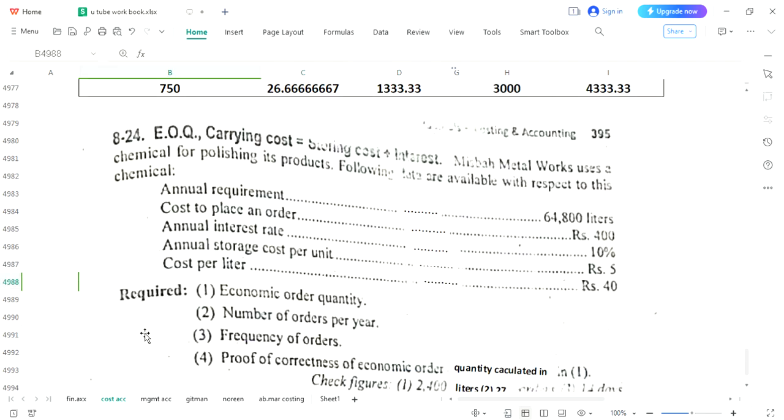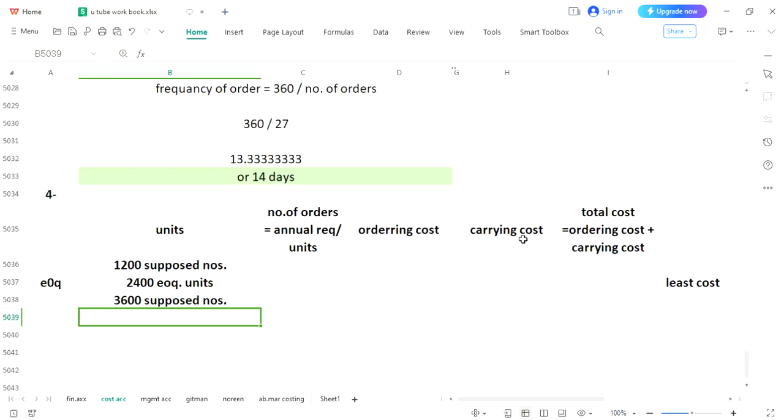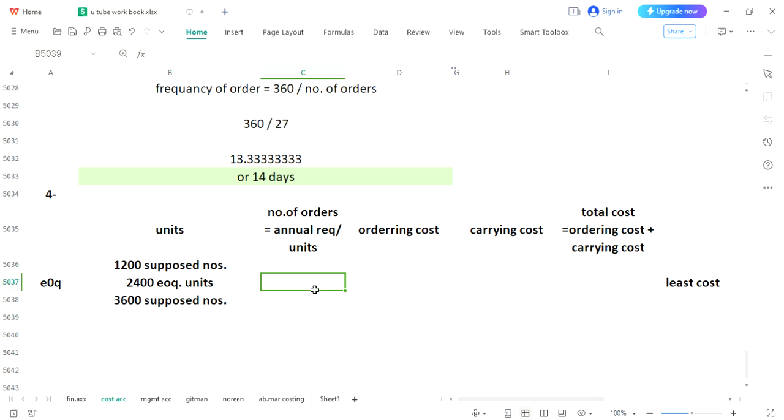Annual requirement was given in the question 64800. So you will put 64800 divided by units 2400. These are the units. As you can see that we have mentioned over here. So number of orders in case of economic order quantity 27.